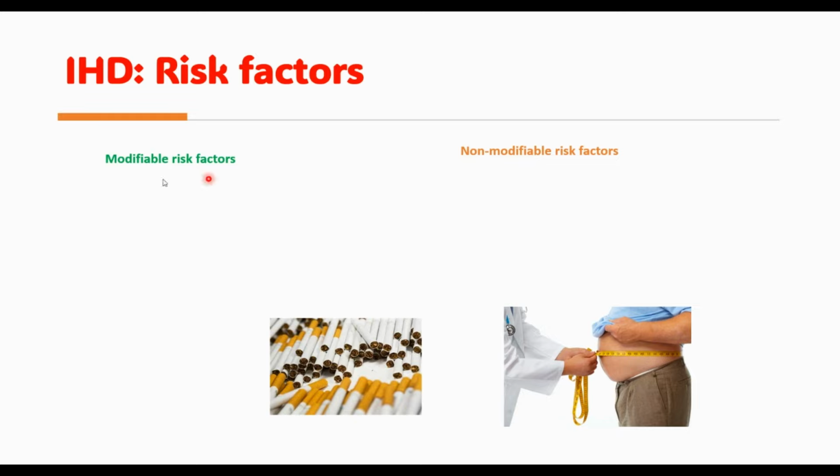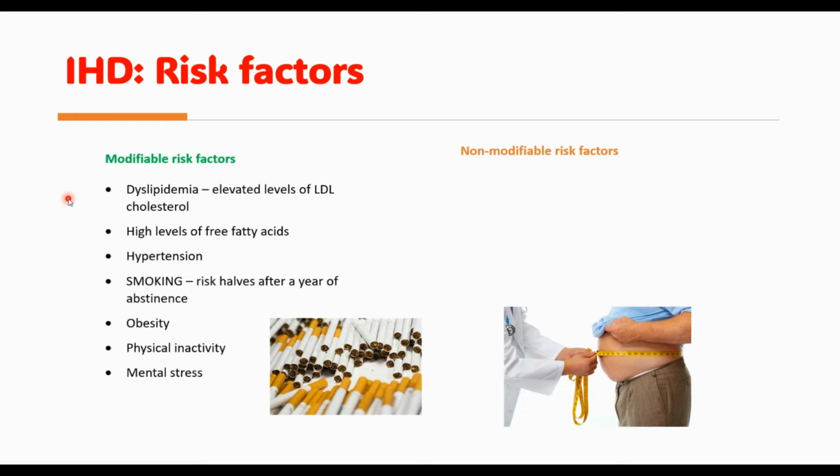Okay, so the next thing we need to talk about is modifiable and non-modifiable risk factors. So I think we'll talk about modifiable risk factors first. These are risk factors which you can change, whereas non-modifiable risk factors, unfortunately, you can't change.